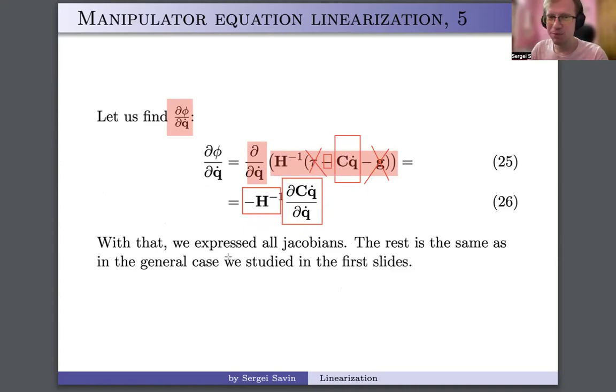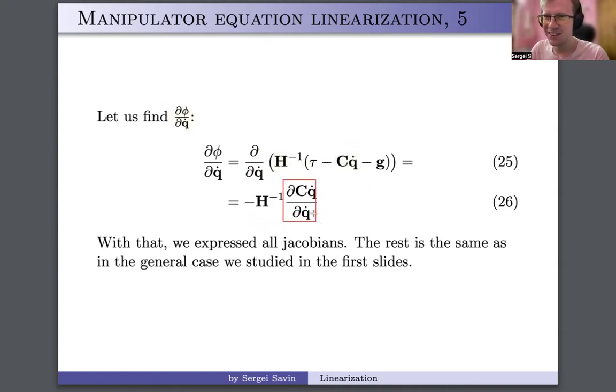Well, let us please not assume that this is equal to C. This is not equal to C, because C itself is a function of q dot. So this is actually a quadratic form, and this would be a derivative of a quadratic form. But C depends on q dot in a certain way, so you can do it analytically, of course, but you have to be careful. But computing this expression will be easy.